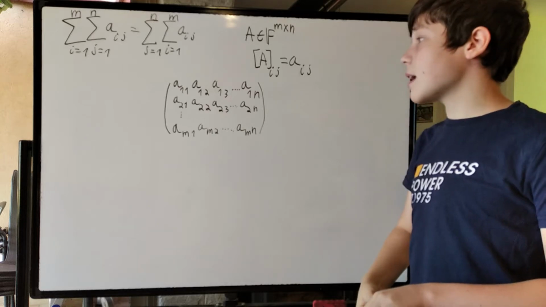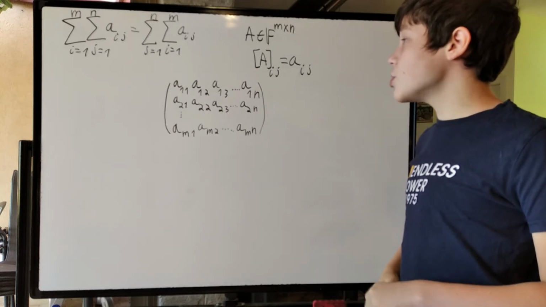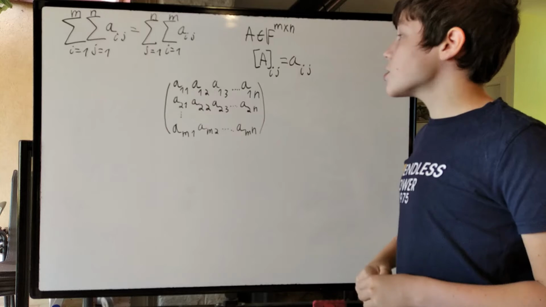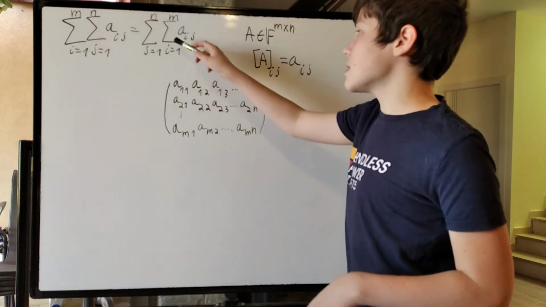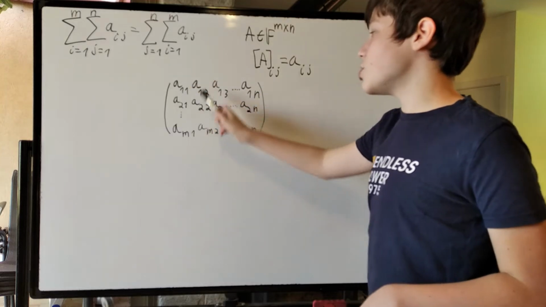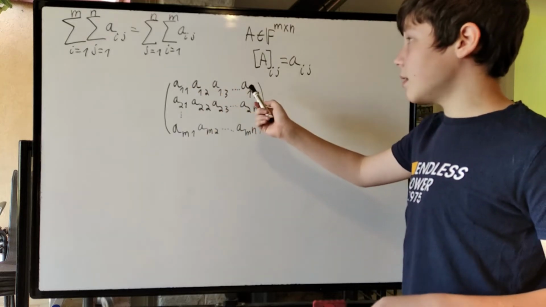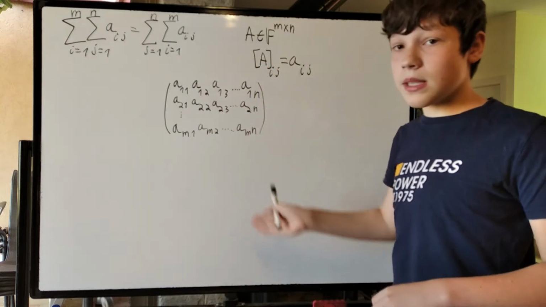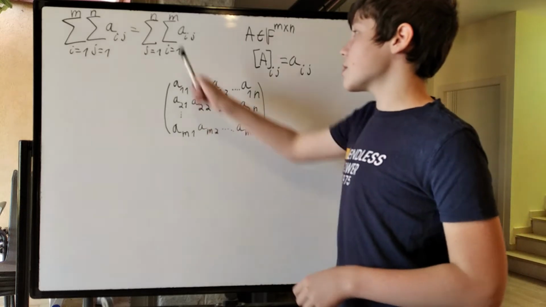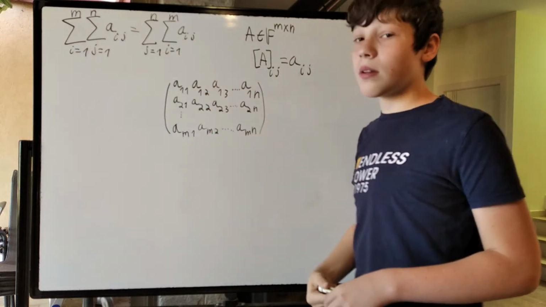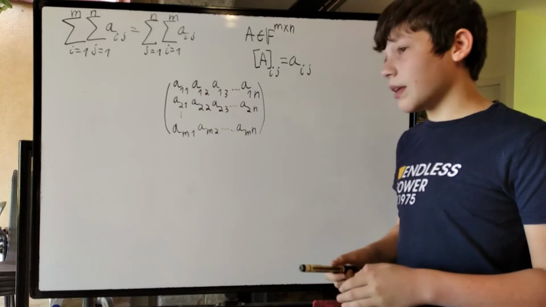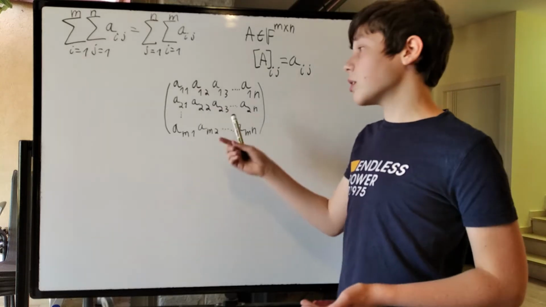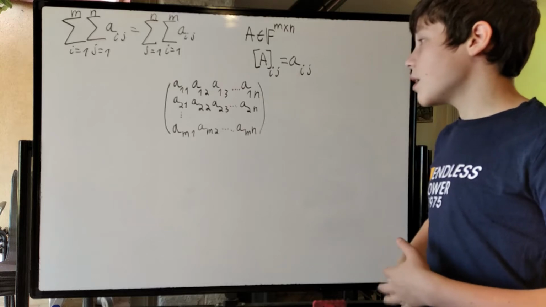In the right-hand side, what we're doing instead is first looking at the sums of the columns. So this is the sum of column J, all the terms in it. And then we're summing that for all columns. Meaning that, again, we're summing all the terms in the matrix.